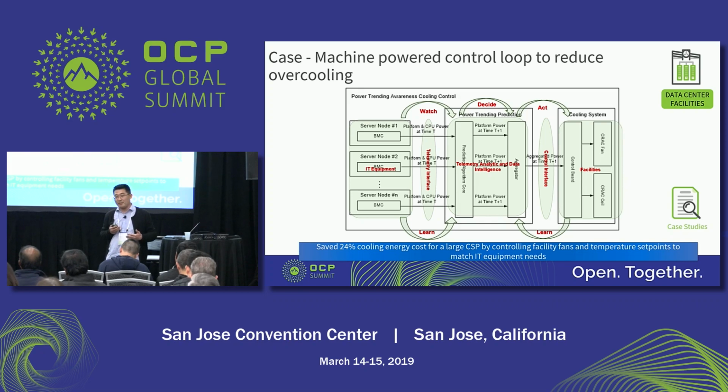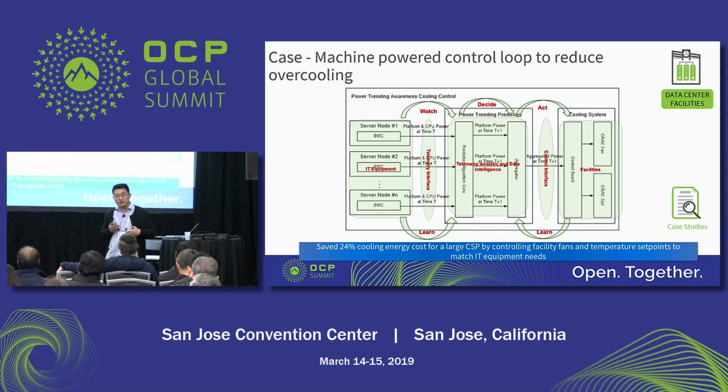So to learn the power variation trend, is the trend going up or is the trend going down? Or what's the slope for the power variation trend? Then the power prediction algorithm is able to predict the power consumption within 5 or 10 minutes. The prediction granularity here is minute level because we are going to use this prediction for the cooling.